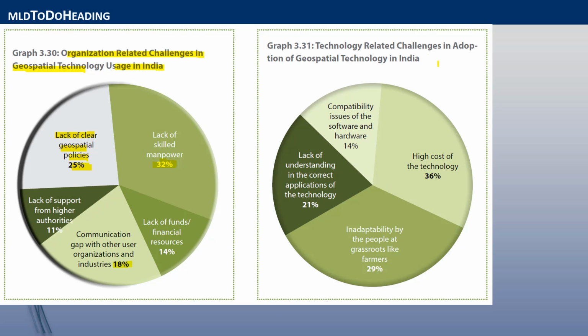Similarly, on the adoption level in India, the challenges to adopting geospatial technology are, first, the high cost of technology. The cost is much higher, so most of the farmers are not willing to adopt these technologies.